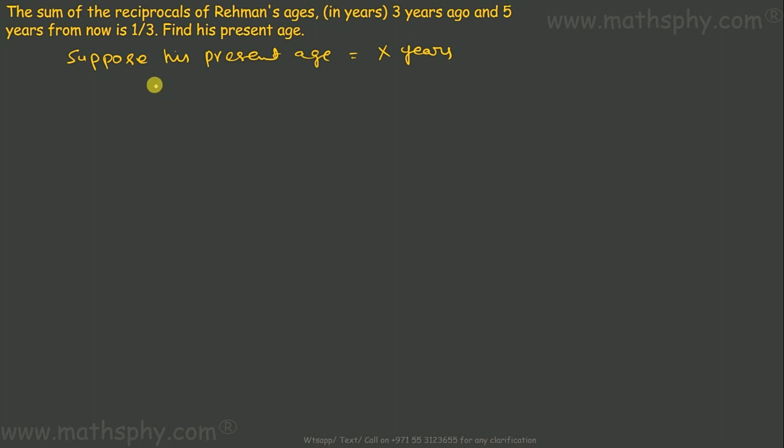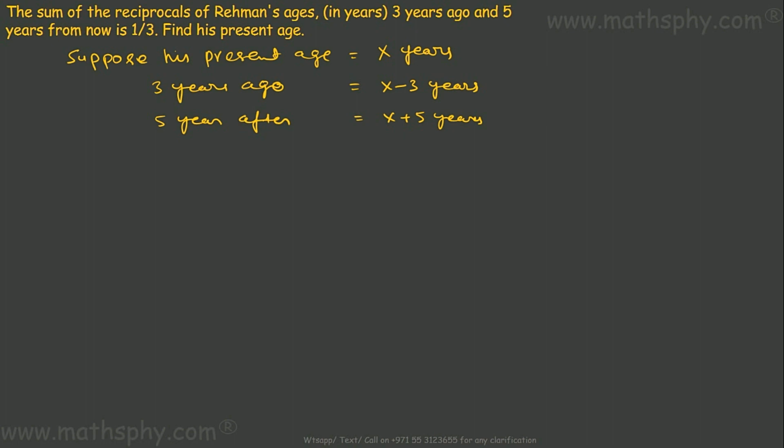So 3 years ago his age was x minus 3 years, and 5 years after his age would be x plus 5 years.